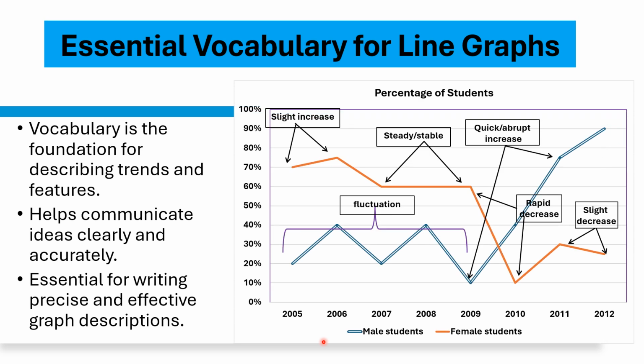You will notice boxes highlighting key trends such as slight increase, steady, stable, abrupt increase, rapid decrease, fluctuation, etc. These are the types of movements you will need to describe in your response. As we go through the examples and explanations, pay close attention. Mastering this vocabulary will help you write clear and effective descriptions.